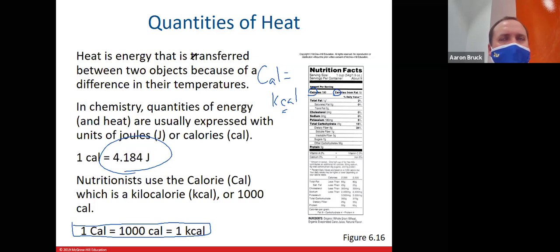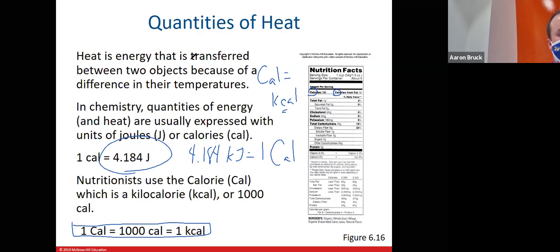There are 4.184 joules in every small c calorie, which means if we take it up to the next level, there would be 4.184 kilojoules in every kilocalorie.